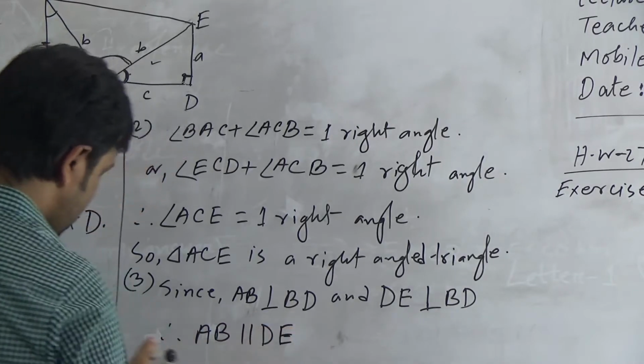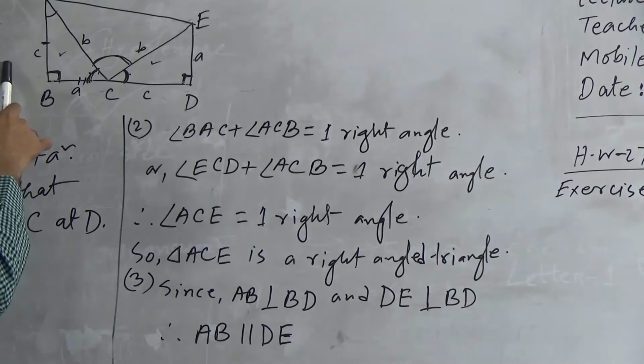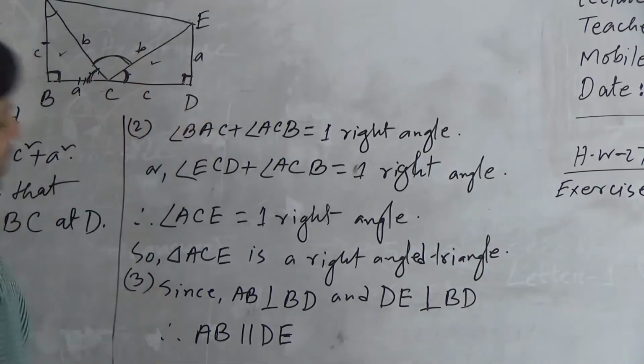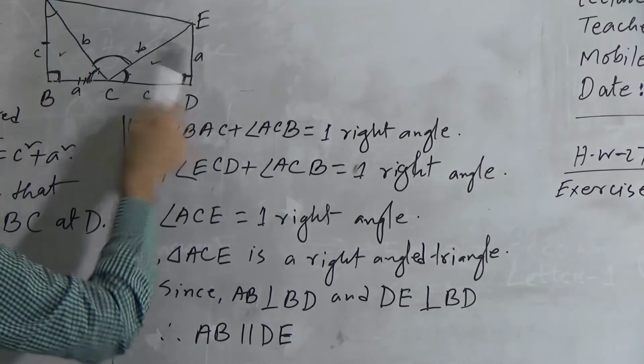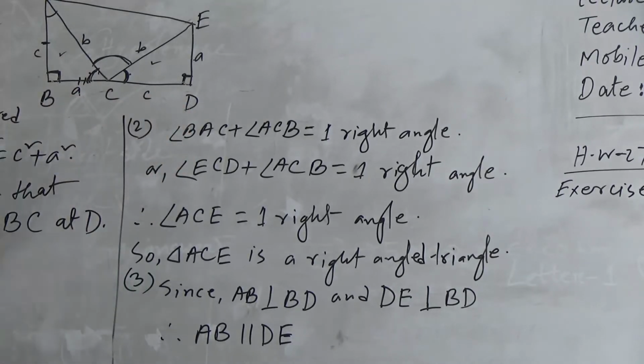Dear students, if you notice the figure, ABDE is a quadrilateral whose two opposite sides are parallel. If two opposite sides of a quadrilateral are parallel, then the quadrilateral is known as a trapezium.